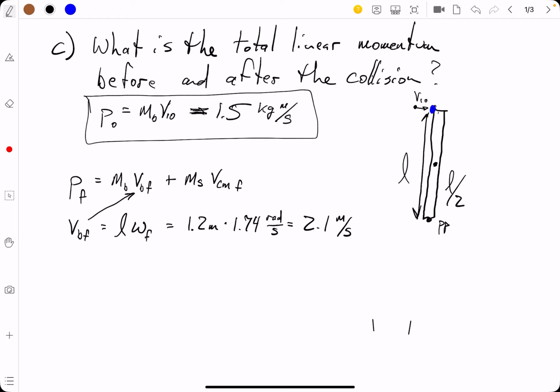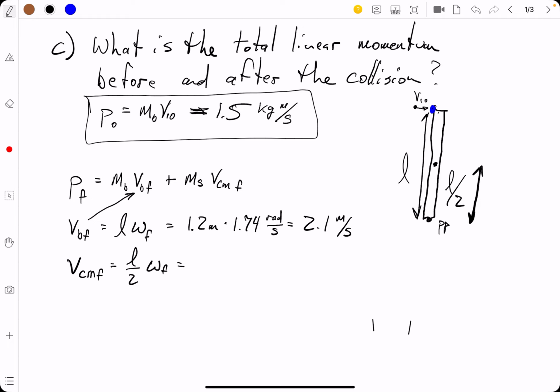We know the mass of the blob or block or whatever it is. We know that. We know the mass of the stick. So our next thing is to figure out what VCMF is. Well, that's L over 2. That's the radius from the pivot point, L over 2, from there to there. And times our omega final.